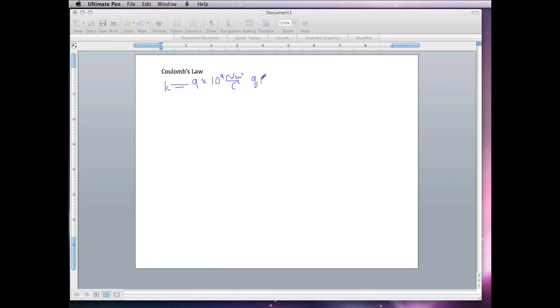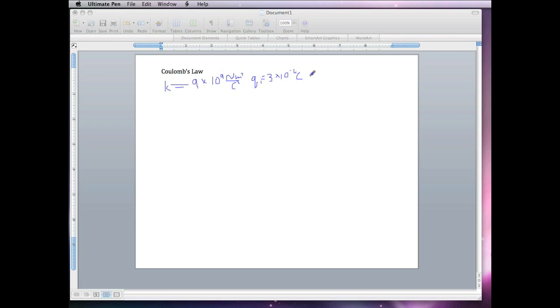Q1, be 3 times 10 to the minus 6th coulombs.